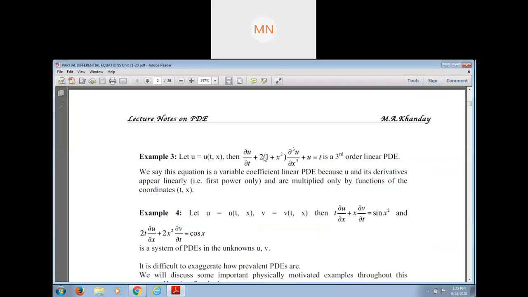See this one also: del u del t plus 2 into 1 plus x squared. What is the order of this equation?